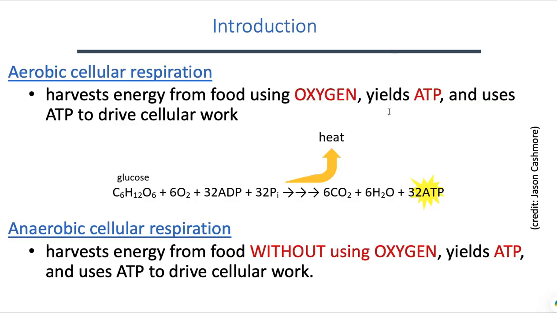To sustain all of those cellular processes, the cell has to make substantial amounts of ATP. Now, this is the equation that was referenced with the outcomes.